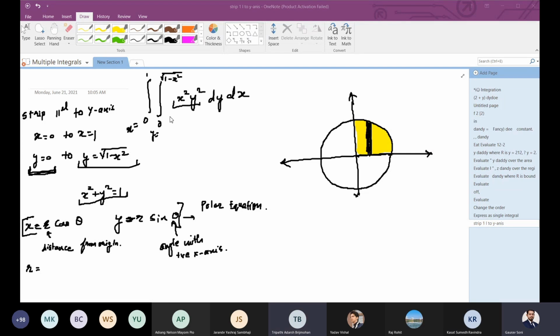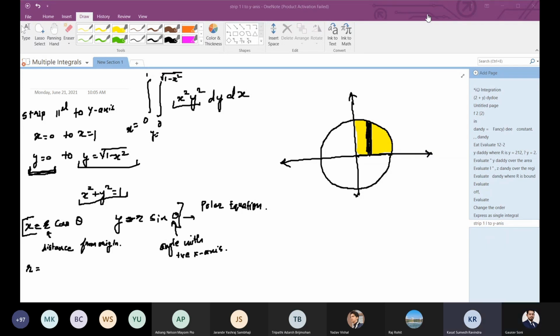Yes, so what is the range? My question is, what is the range for values of r? You said that r will vary for each point. I want the limits in terms of r. What is the minimum value that r will take in your region, and what is the maximum value of r that will be in your region?